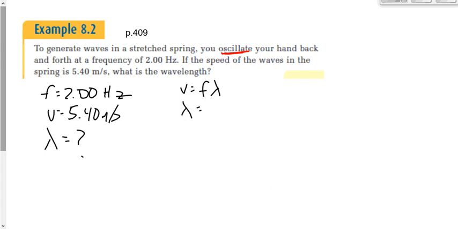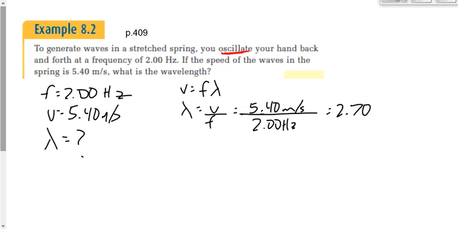It's multiplied by lambda, so we're going to take it to the other side by dividing. Lambda is equal to v over f. We got 5.40 meters per second divided by 2.00 hertz, which gives us 2.70 meters. So the distance over which this wave repeats itself, the wavelength, is 2.70 meters.